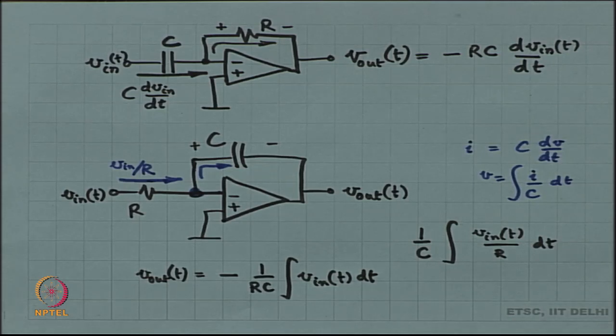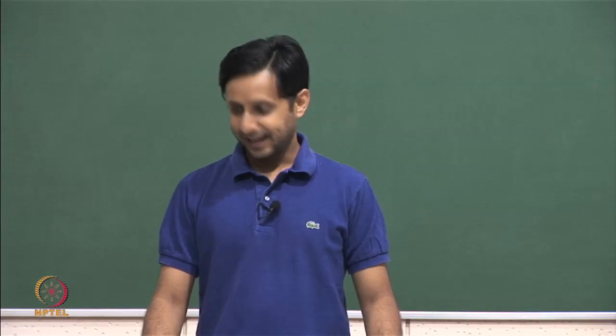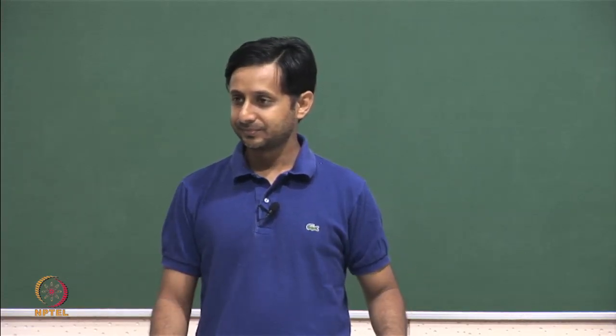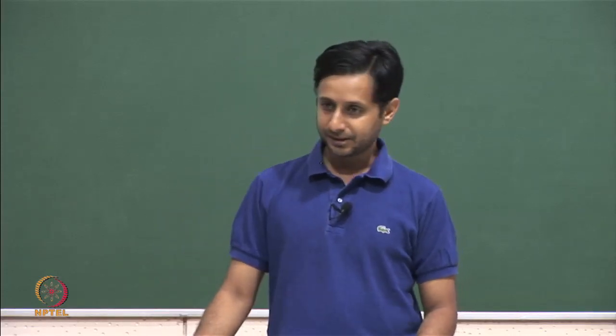Now, there is a problem with the integral. This integral is definite or indefinite. Basically, you start at time t equal to minus infinity and you keep integrating, right. And since we do not know the history of the circuit, it is not very clear how to do the job, all right.